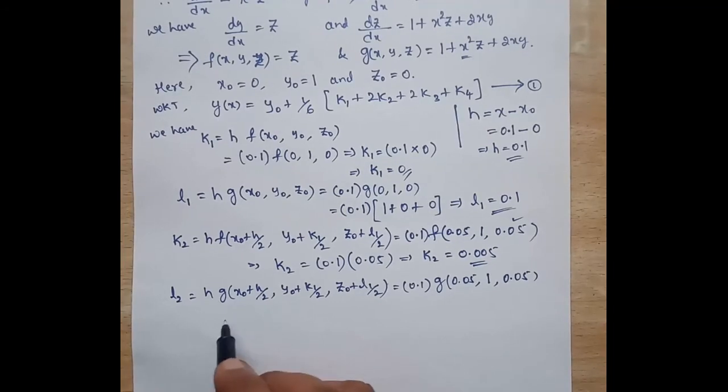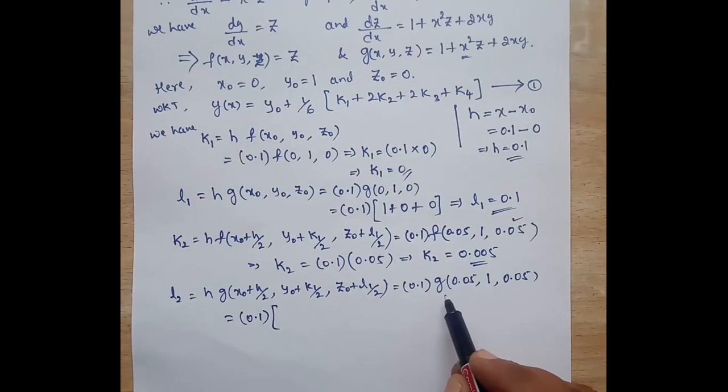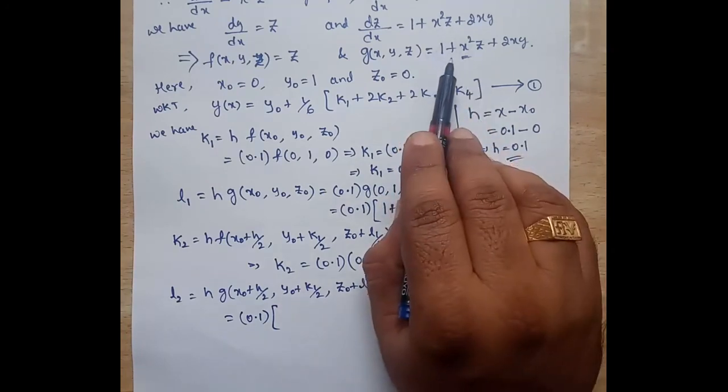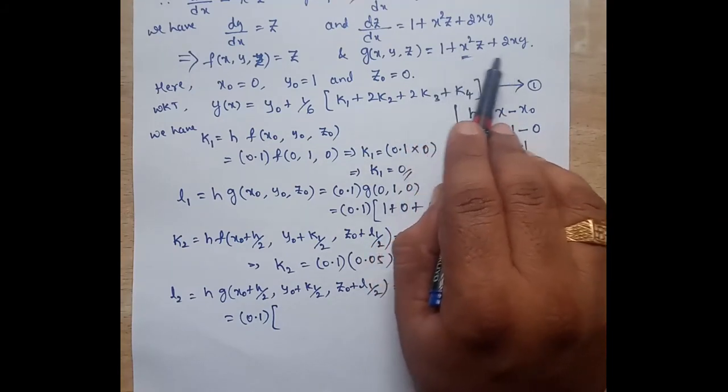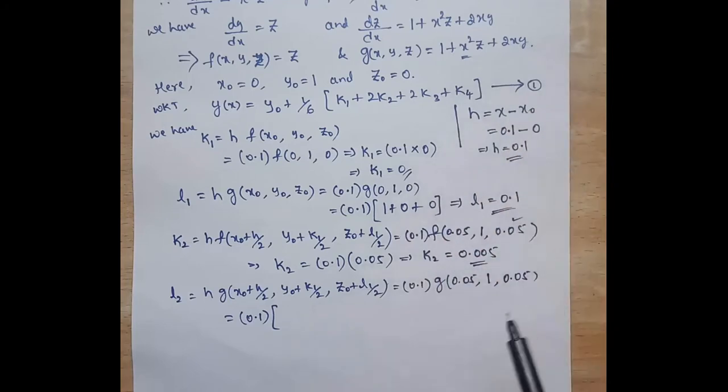Now simplify this. This is 0.1 into g. And what is g here? You know g is 1 plus x square z plus 2xy. In this expression, you have to substitute these values: for x, 0.05; for y, 1; for z, 0.05.